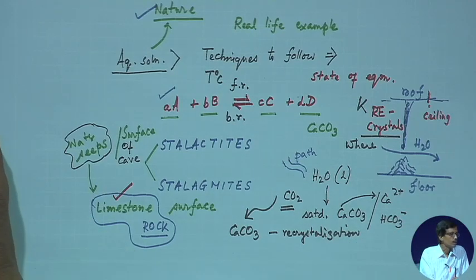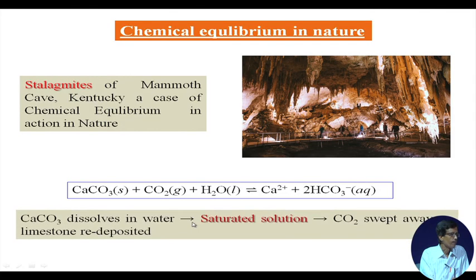So, we have seen that CaCO3 is dissolved in water to get a saturated solution, and when CO2 is swept away, the limestone is redeposited, which we just discussed as the recrystallization process. The shapes are different from that of the rock.